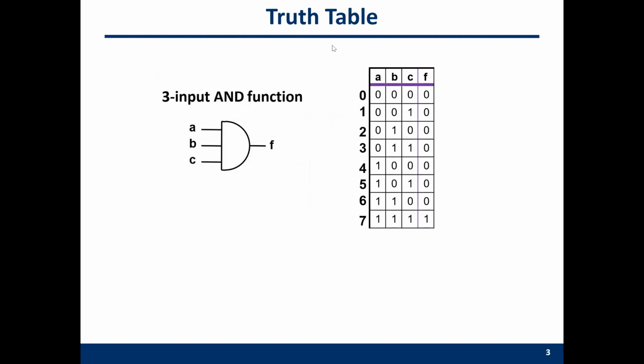Here is a 3-input AND gate. Based on that row, N is the input number. So this is the Boolean algebra.